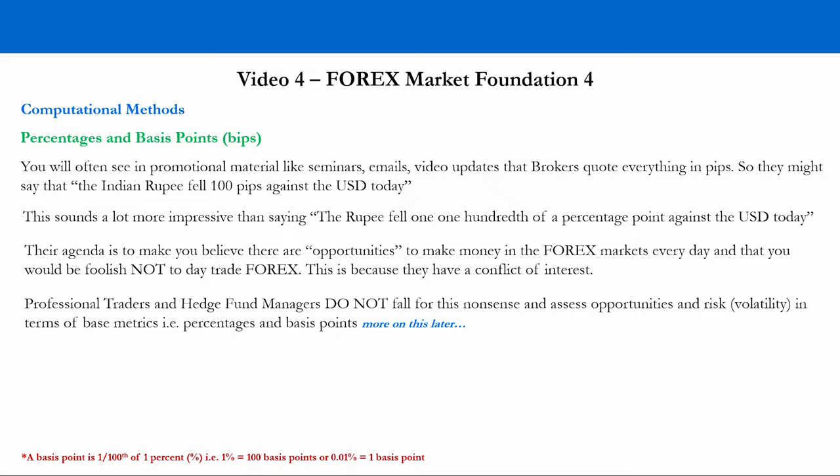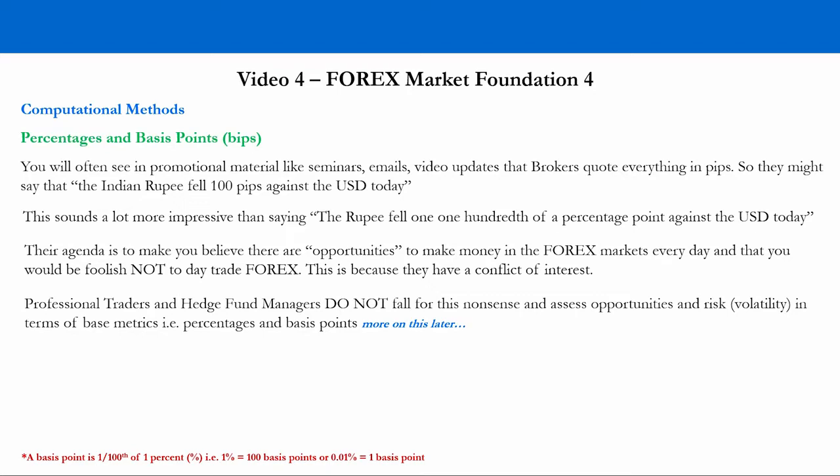You'll often see in the broker's promotional materials, like in seminars, emails, video updates, they quote everything in pips. They might say, for example, that the Indian rupee fell 100 pips against the US dollar today. And it obviously sounds a lot more impressive.